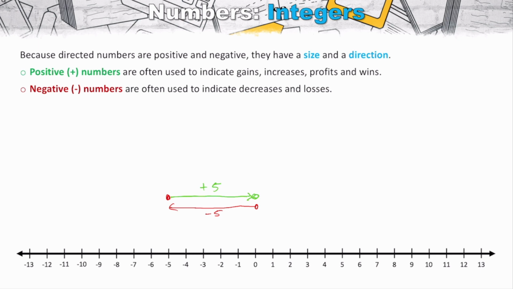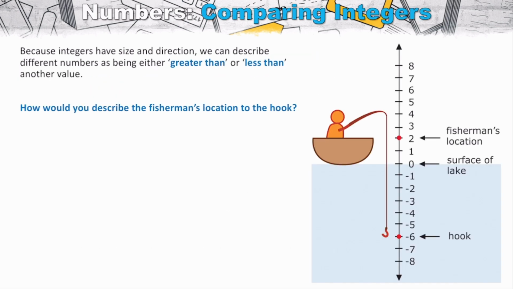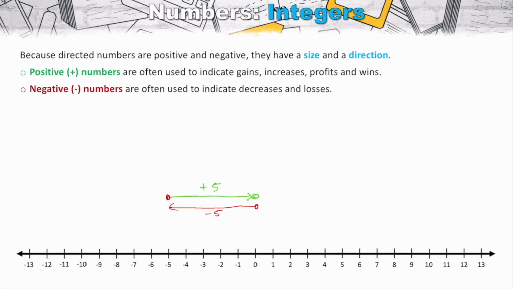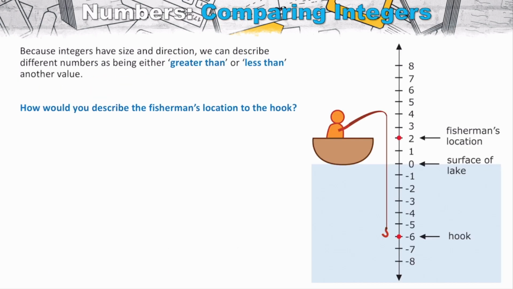Now, we can think about this in terms of vertical scales as well, and we often see vertical scales, all right? So a horizontal number scale, it's very important that it's horizontal, left to right, that we have our negative numbers to the left, our positive numbers to the right. When we're dealing with vertical scales, our negative numbers need to be to the bottom, our positive numbers need to be to the top.